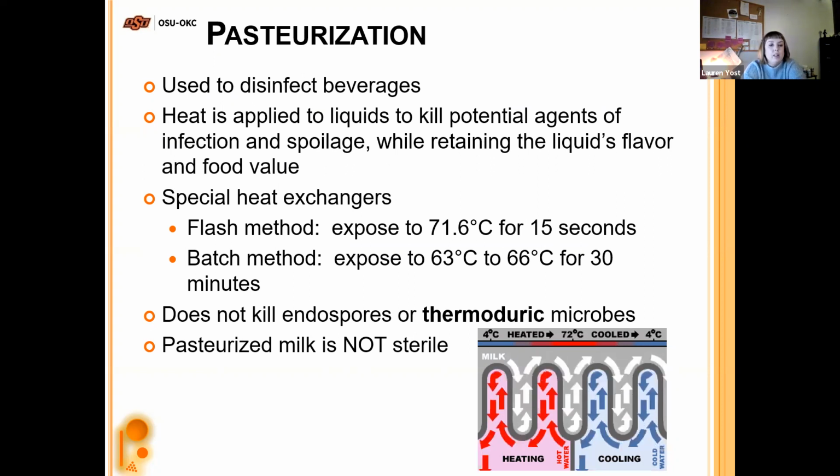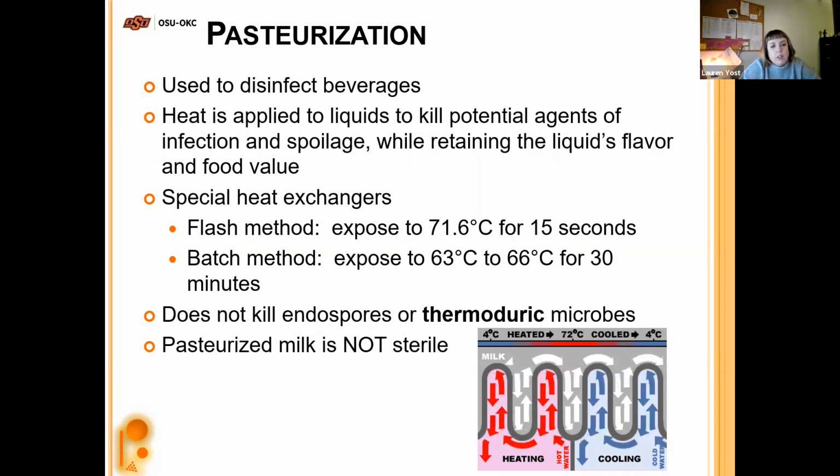Pasteurization is heat applied to liquids to kill potential agents of infection and spoilage. Your milk has been pasteurized. Lactaid or lactose-free milks have been ultra-pasteurized, so they last way longer. I don't know why people drink regular milk. We have special heat exchangers that wash the liquid over.